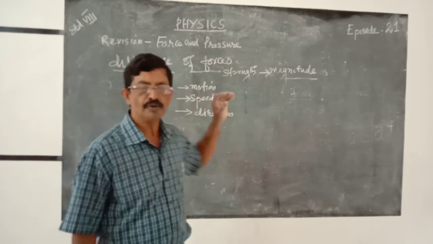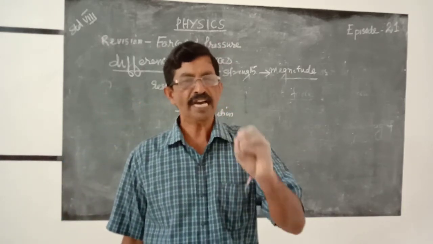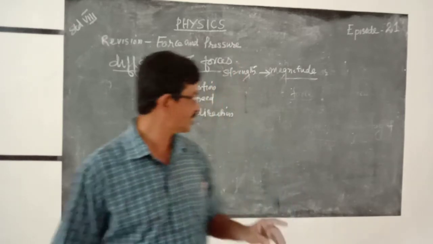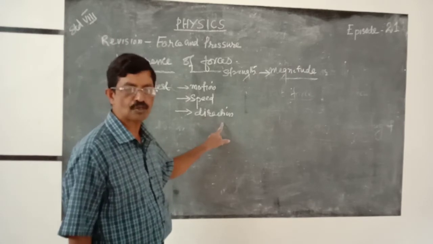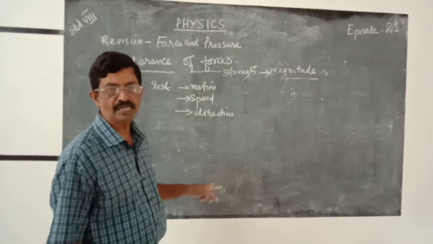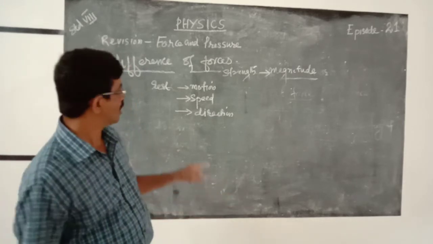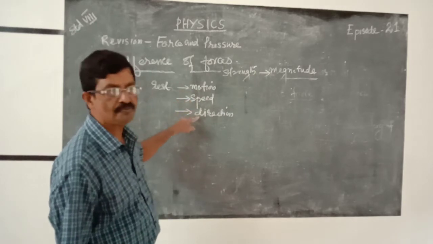For example, a cricket ball. A batsman hits it. Then what happens? Its direction changes. So force can change direction also. These are the things a force can do. It can change motion, speed, direction.